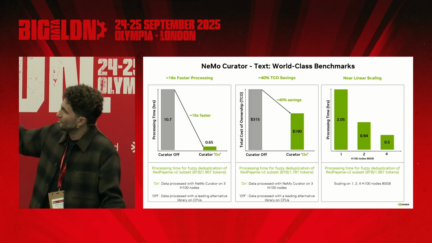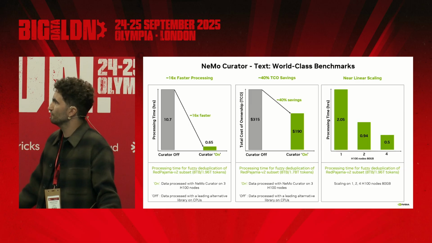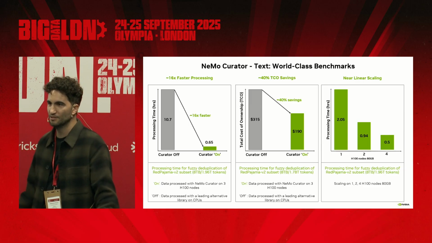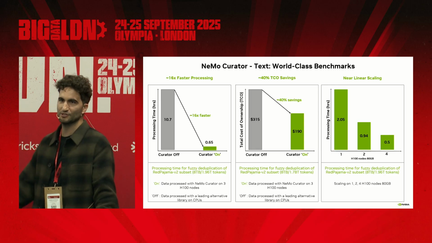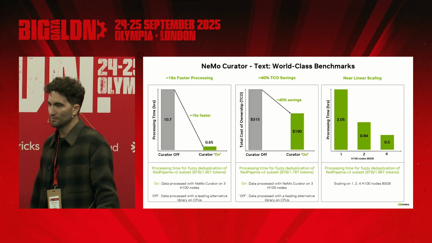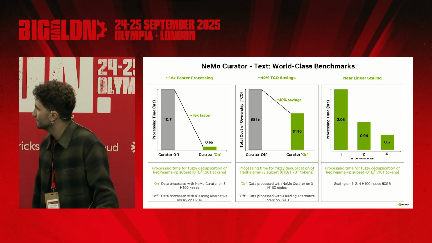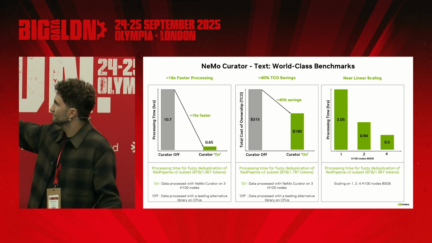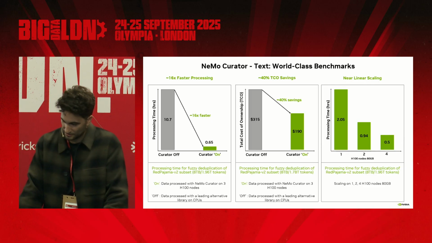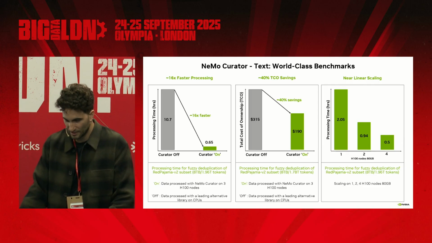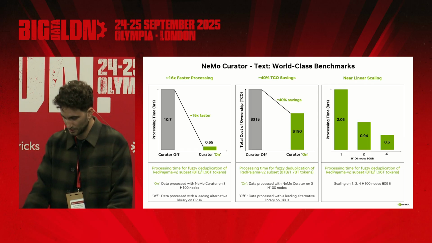And this can lead to up to 40% savings. Obviously, it will depend on your cloud service provider, or if you're hosting this on-prem, it'll probably be even higher. And you can see that as you increase the number of nodes, the speed up is almost linear, although this is a little bit contingent on the type of networking you have.